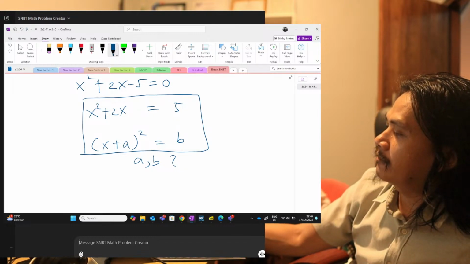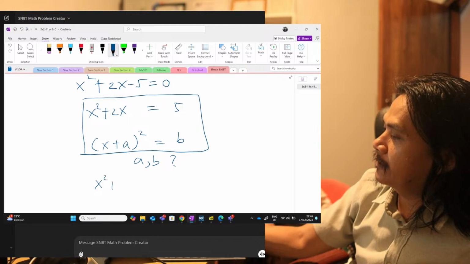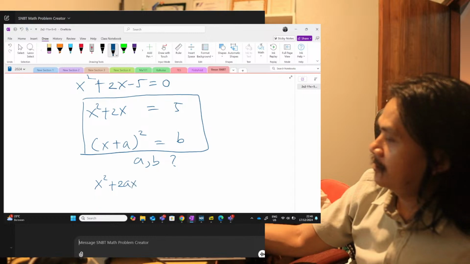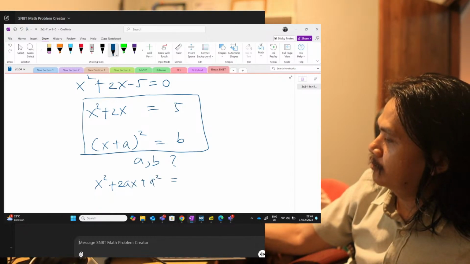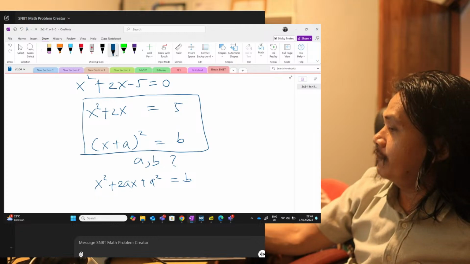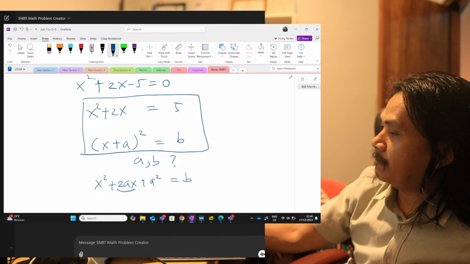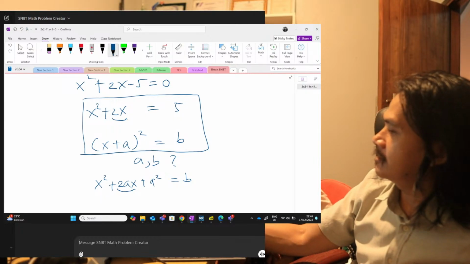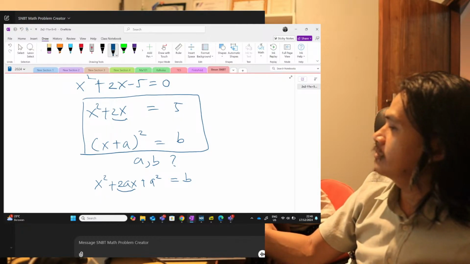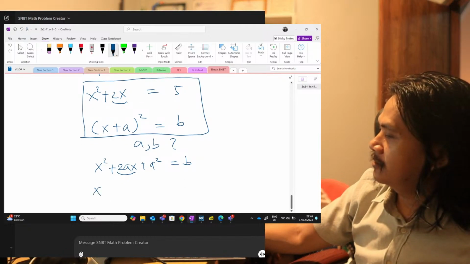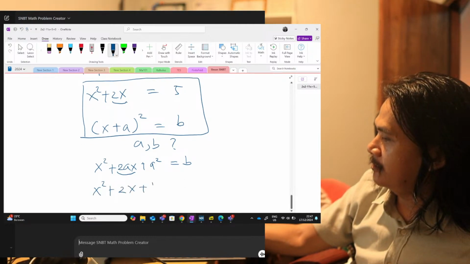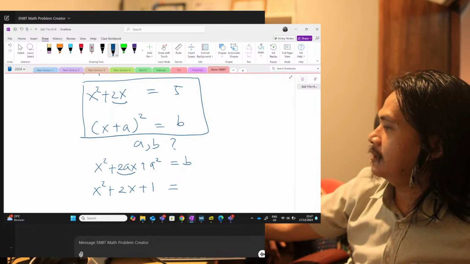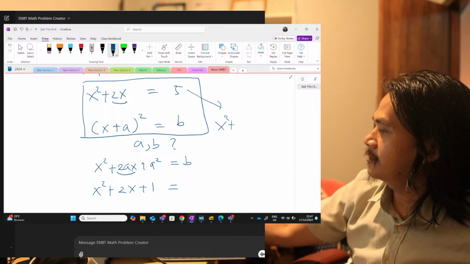If we just multiply out everything, you get x squared plus 2ax plus a squared equals b. But this guy has to be equal to this guy, because there's no other x in this thing. So a must be equal to 1. x squared plus 2x plus 1 equals b. So we need to have plus 1 here. Then we just add 1 here too.